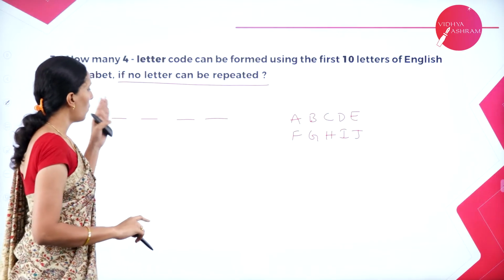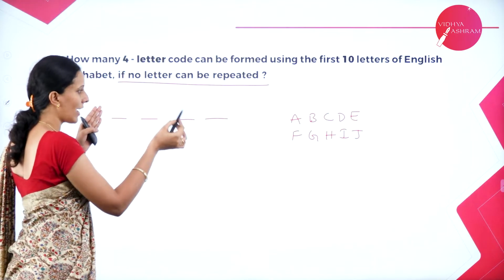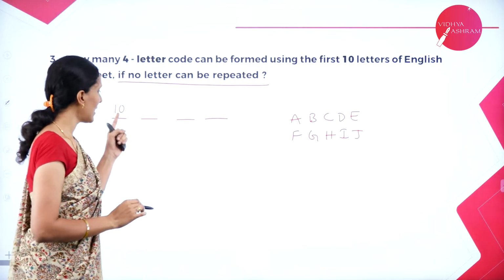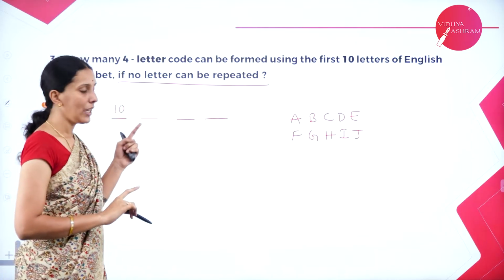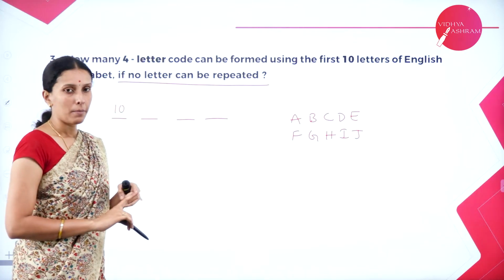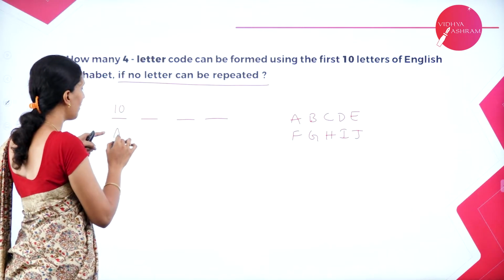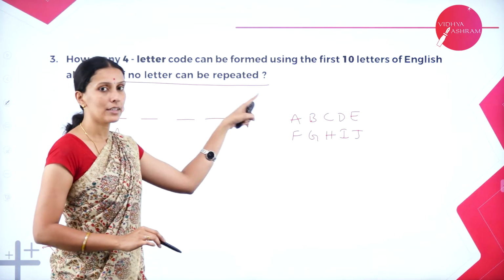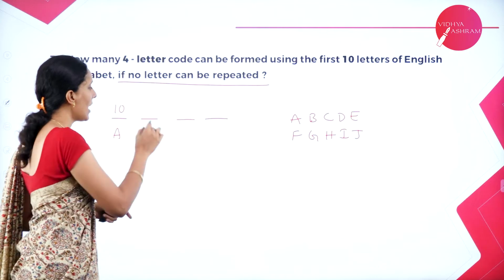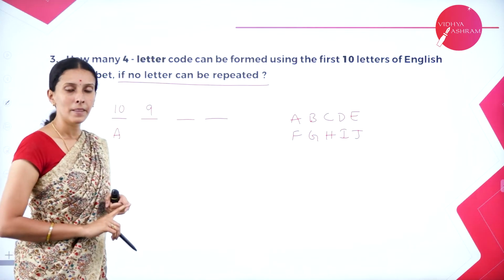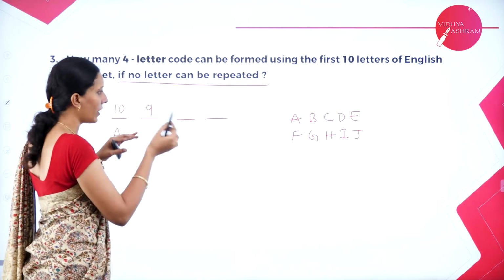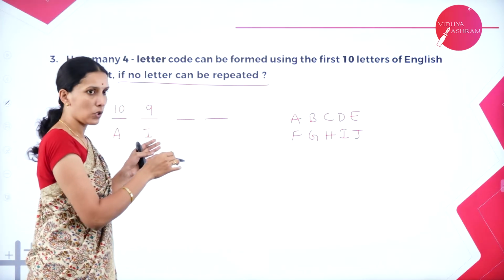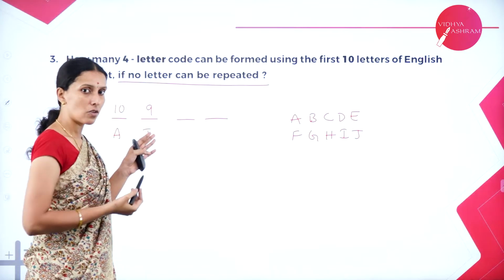So for the first place, all 10 letters can be taken, but then I cannot repeat the same. Because if I take A in the first place, I cannot repeat A again. They have clearly said no letter can be repeated. So I have only 9 chances for the second place. Suppose I have taken A as one letter and I as another. A is already taken, I is also already taken.